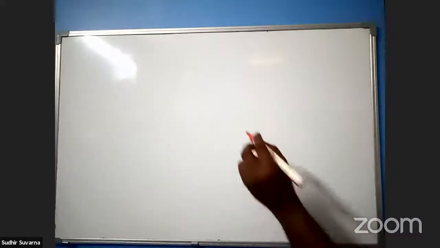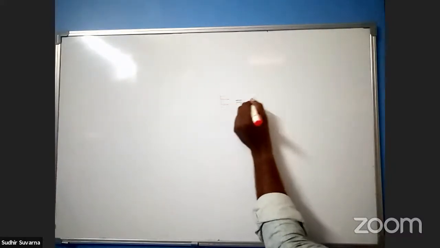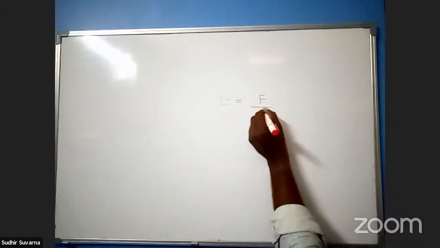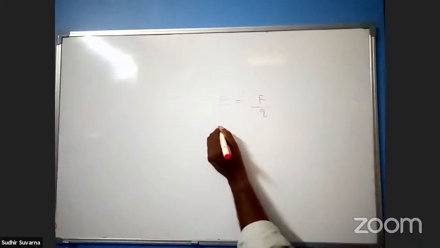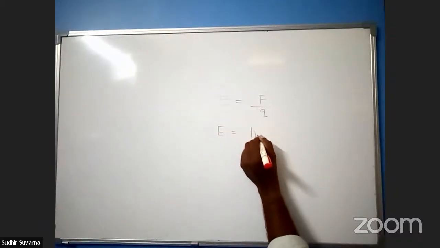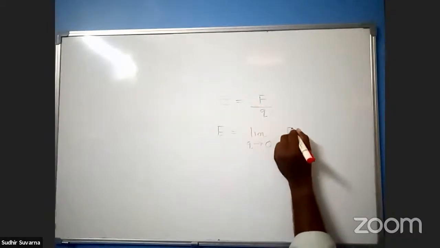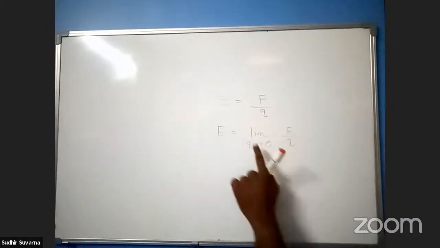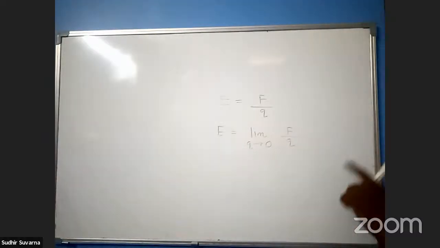So E is equal to the limit Q tends to 0 of F upon Q. Q tends to 0 means Q is very, very close to 0 but never equal to 0.